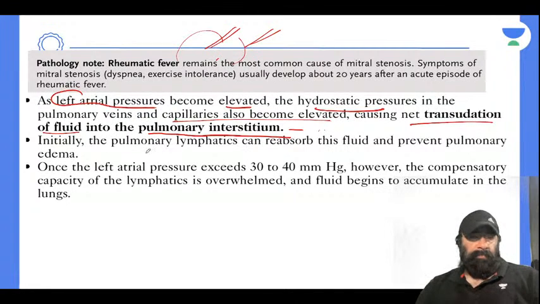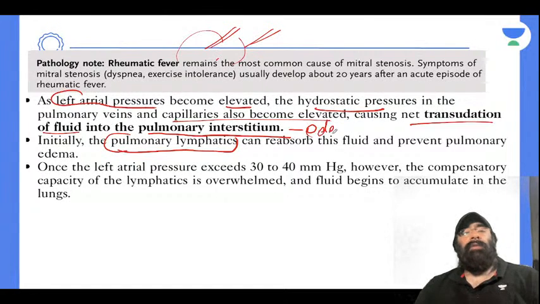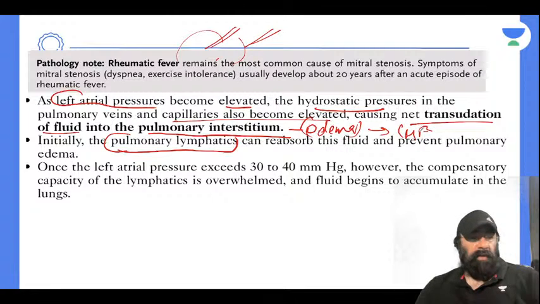To some extent the pulmonary lymphatics can adapt. In the initial stage, when there is less water in the lung, your pulmonary lymphatics can actually reabsorb the fluid to prevent pulmonary edema.